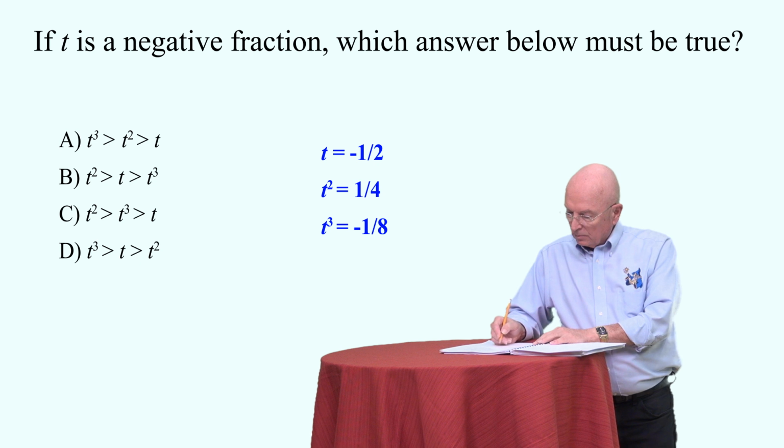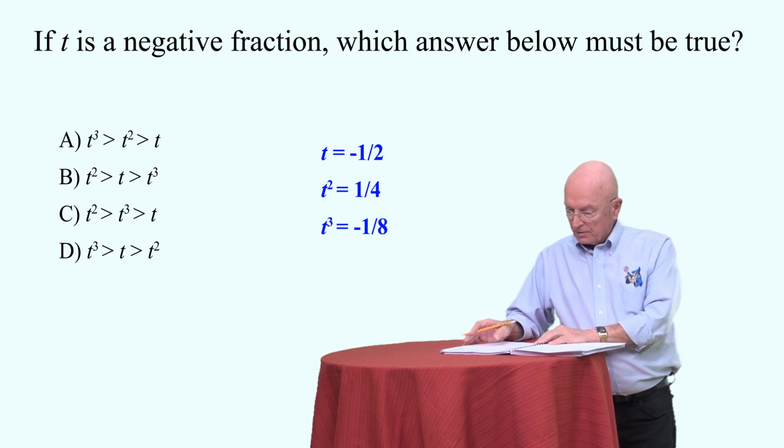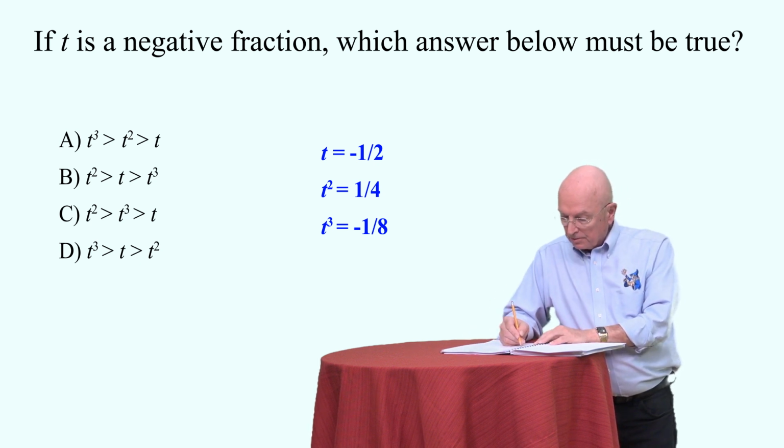So what we have is t is negative 1/2, t squared is 1/4, and t cubed is negative 1/8. Well, now we can answer the question. Right off the bat, we see that 1/4 is the only positive value, so that has to be the largest number. That immediately eliminates A and D.